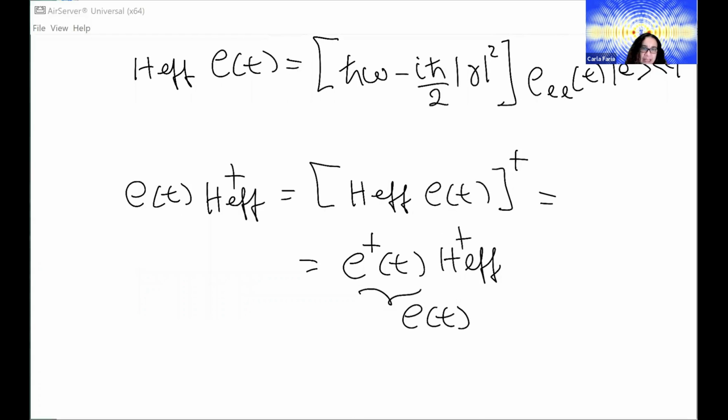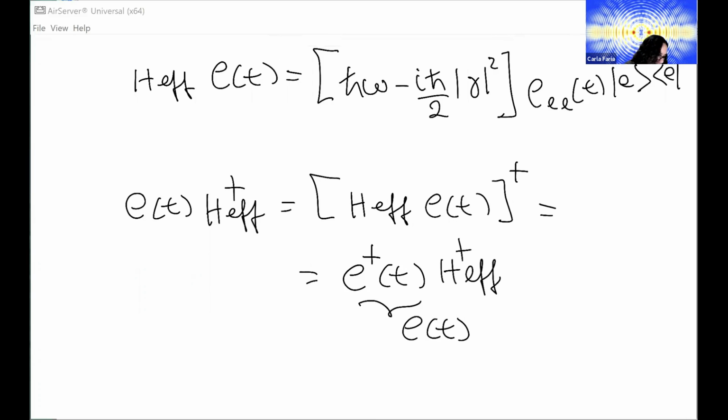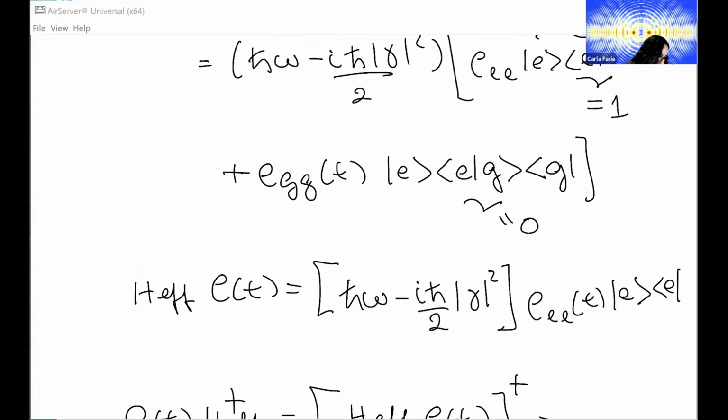Okay, so let's go for it. And if you calculate it, you find that this is going to give you, remember that this whole ρ_EE is real, right? We have seen that this is the modulus square of that coefficient, just up here, hang on.